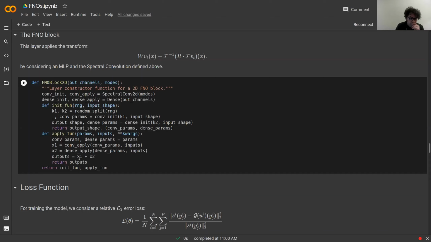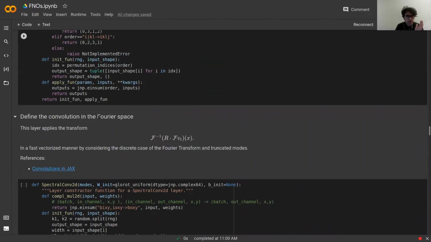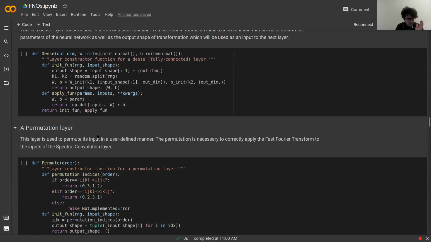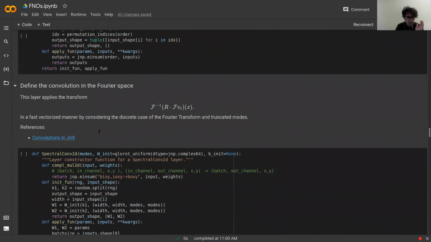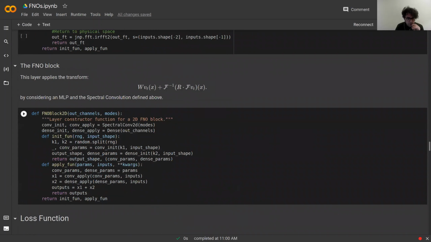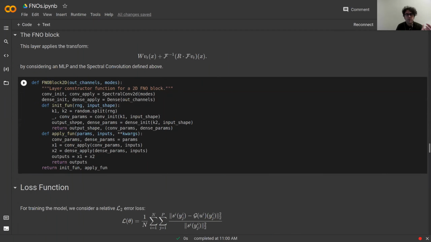And then at this point we essentially do this summation of these two parts, and this is the second thing that we want. Okay, with these three simple blocks, the dense, the permutation, and then FNO block 2D, we will build the whole architecture, right? By stacking them one after the other.